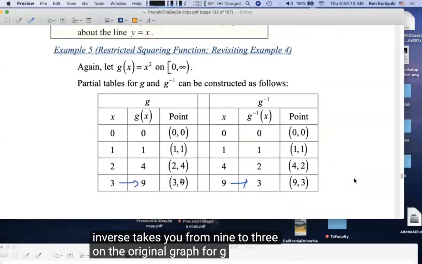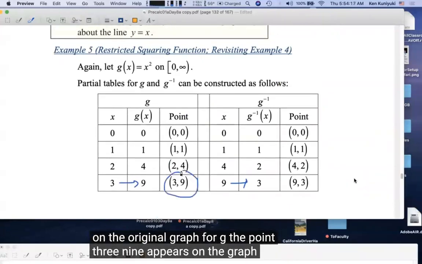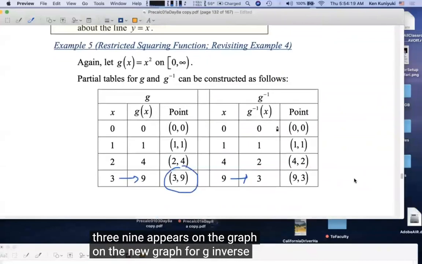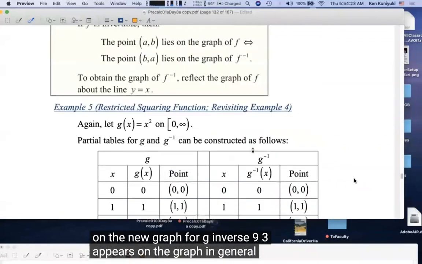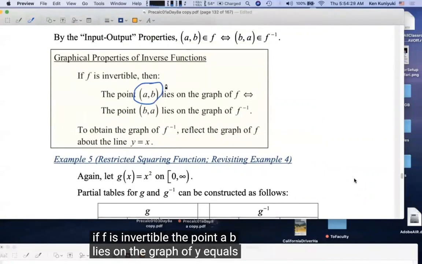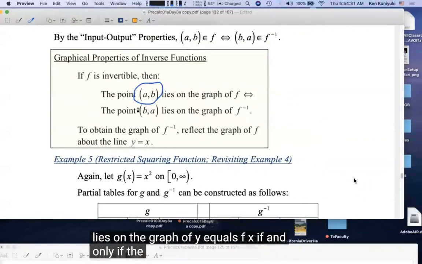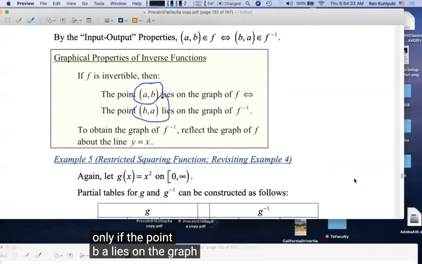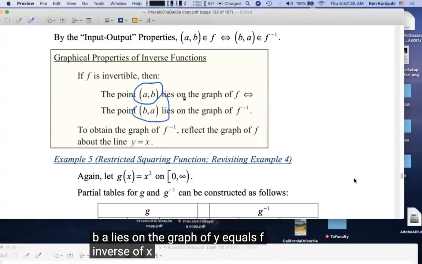On the original graph for g, the point 3, 9 appears on the graph. On the new graph for g inverse, 9, 3 appears on the graph. In general, if f is invertible, the point AB lies on the graph of y equals f of x, if and only if the point BA lies on the graph of y equals f inverse of x.